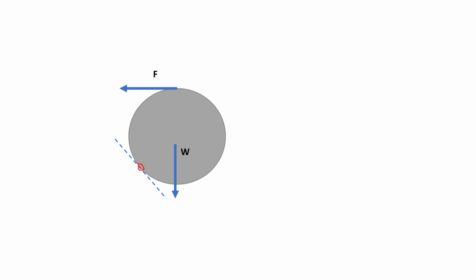And then, we place forces here at the point where the disk is in contact with the ground. So we place a normal force and we place a frictional force since the problem mentioned that the surface is rough.